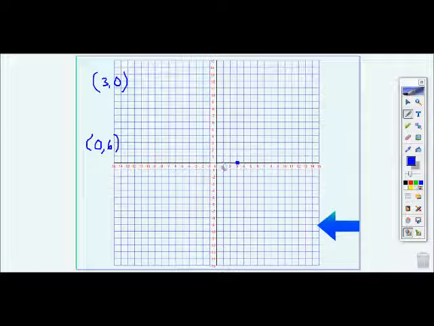And for (0, 6), I'm not going to move left or right, but I'm going to move up 6. This is my y-intercept. We want to make a line. I'm going to change it to black, because that green one was a little harder to see, and we'll make it a little thicker. Let's see if we get a better first line here. Oh, look at that. That doesn't happen often.